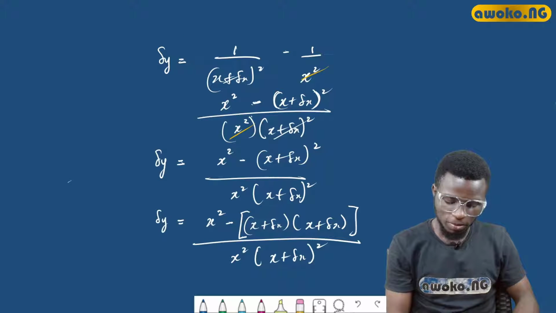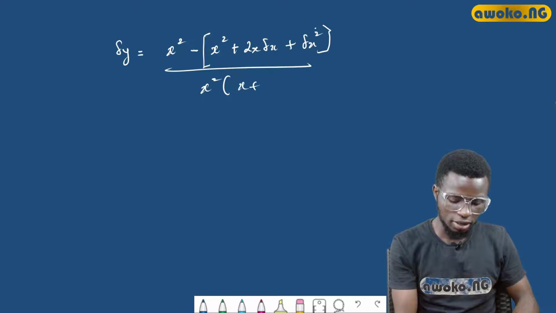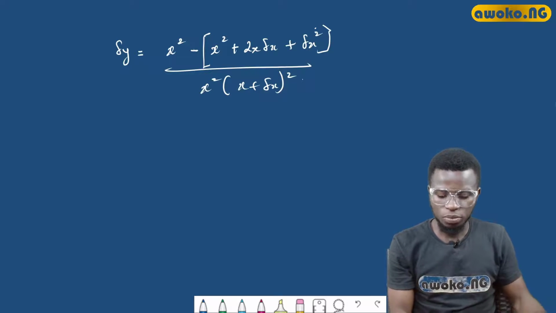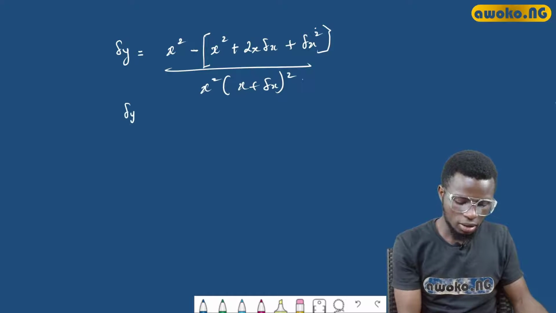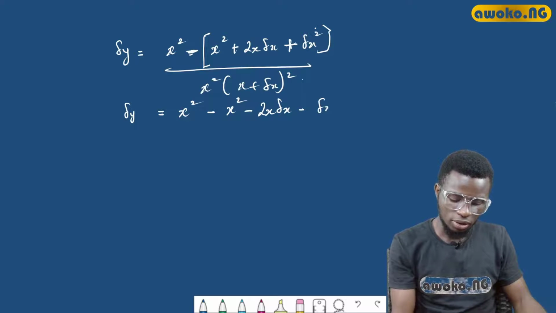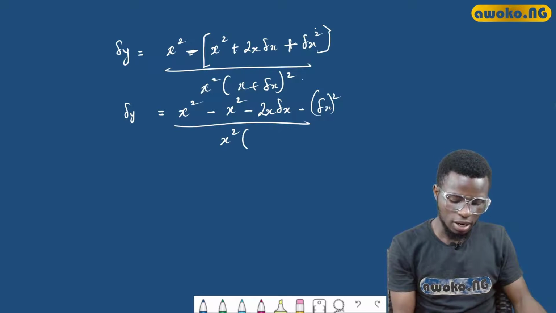Now this takes us to the next step, which is dy rather equals x squared minus x squared, then minus x squared plus 2x dx plus dx all squared, all over x squared into (x plus dx) all squared. Now if you open the bracket, we have that dy is equal to x squared minus x squared minus 2x dx minus dx all squared, then divided by x squared into (x plus dx) all squared.